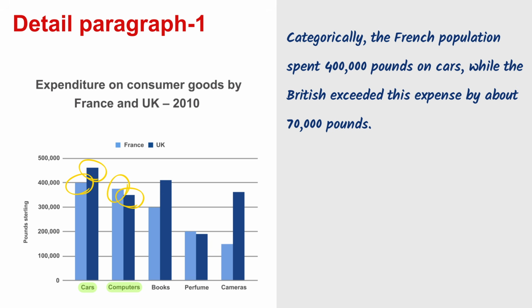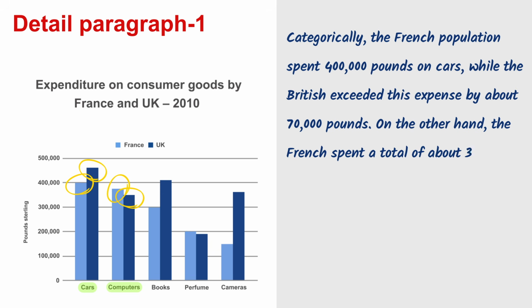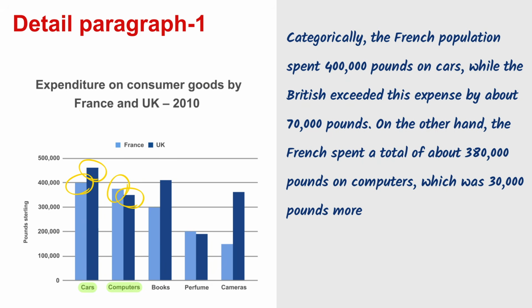Now, the same thing is about computers, as you can see. On the other hand, the French spent a total of about 380,000 pounds on computers. So the difference is 30,000, all right? Which was 30,000 pounds more than what the British spent.